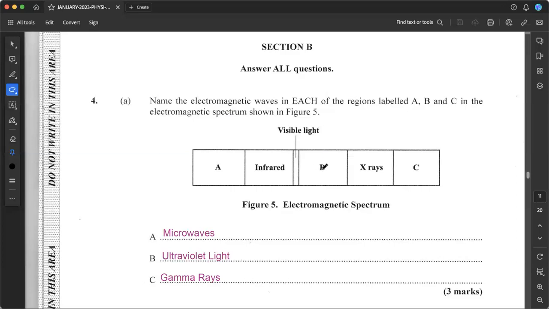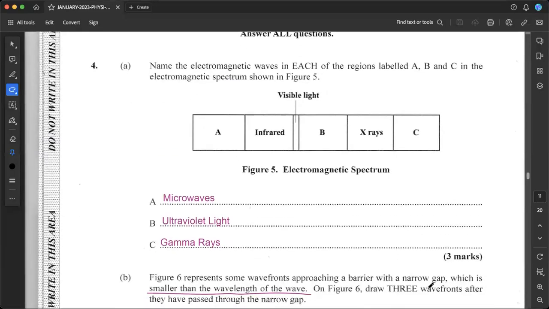So we know that B should be ultraviolet light, and then we have X-rays, and then the only thing that's higher in frequency and shorter in wavelength than X-rays would be the gamma rays. So we know that C is supposed to be our gamma rays, right? So that's all for 3 marks. We're good and we're moving along.